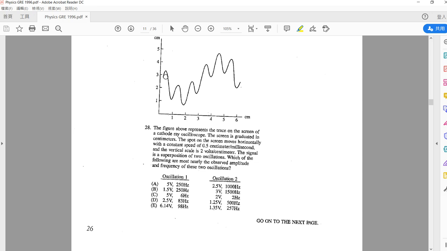So from this oscillation you can say that one must have the highest frequency, and one must have the lowest. You see there are many small ones crossing the large envelope.